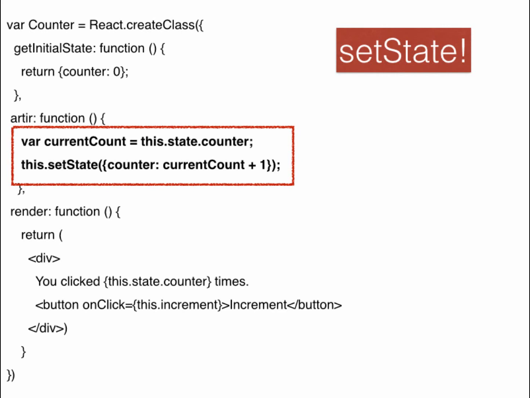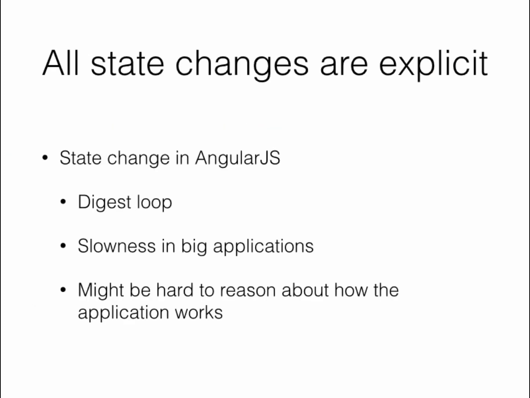And while you're checking, those variables might change again. So you do it like 5 times, 6 times, whatever, until things settle down. And this makes Angular applications sometimes very slow and very hard to understand, very hard to reason about. In React, state changes are explicit with setState.